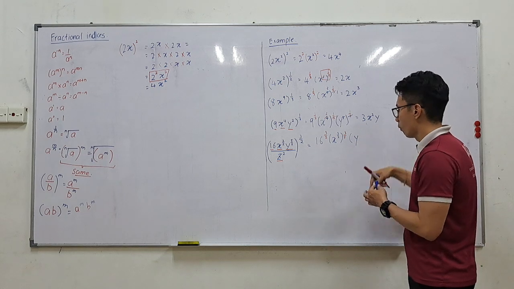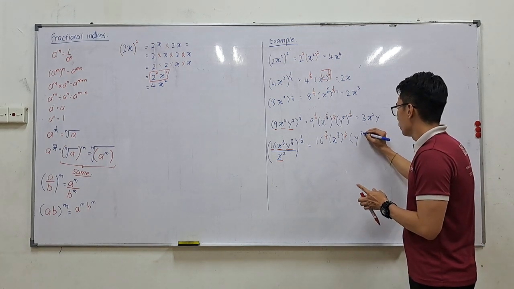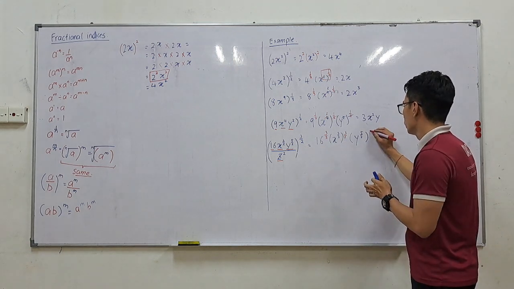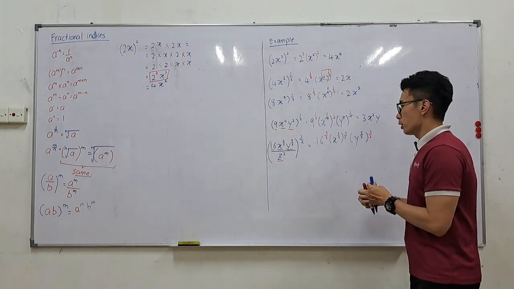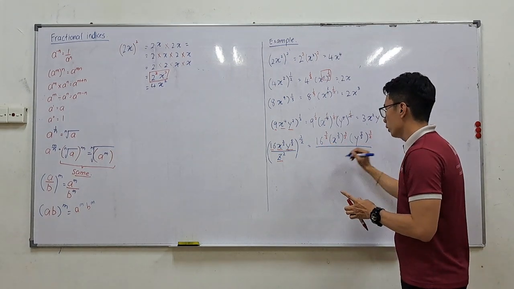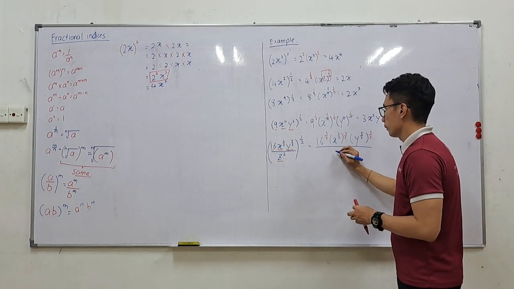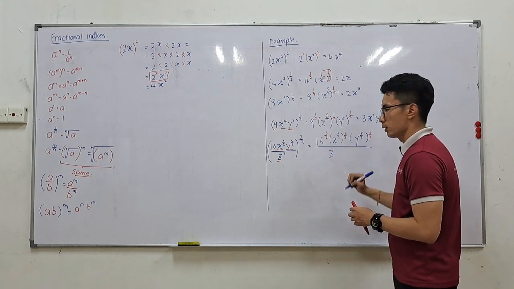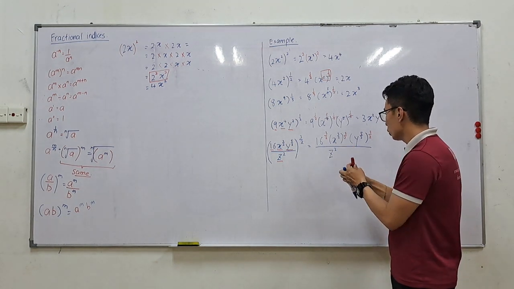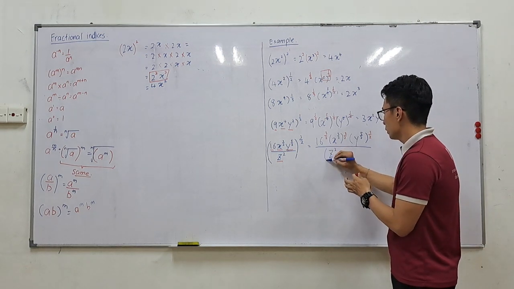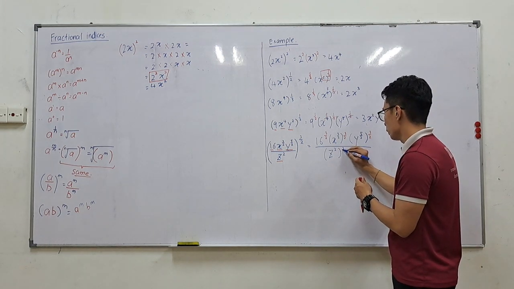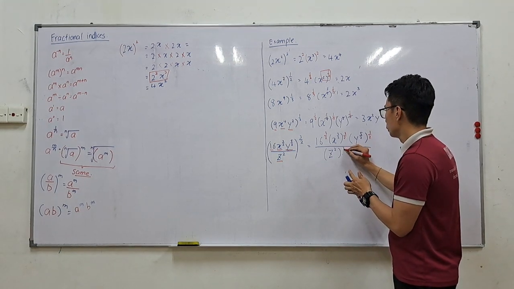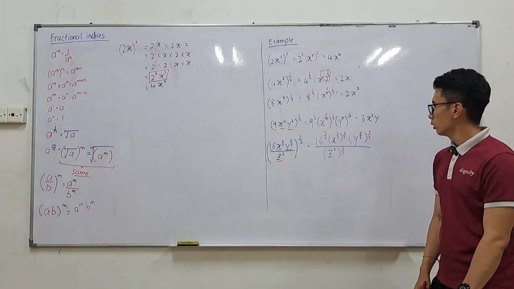Oh, sorry. 5 over 2, and then raise to the power of 3 over 2 again, and over z squared, okay? z squared, and this whole thing, I will raise it to the power of 3 over 2. Oh, sorry, wrong pen. 3 over 2 again. Okay?